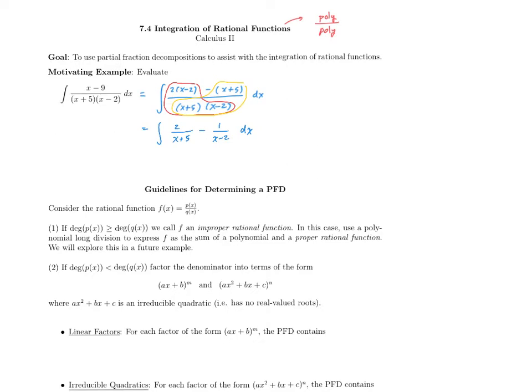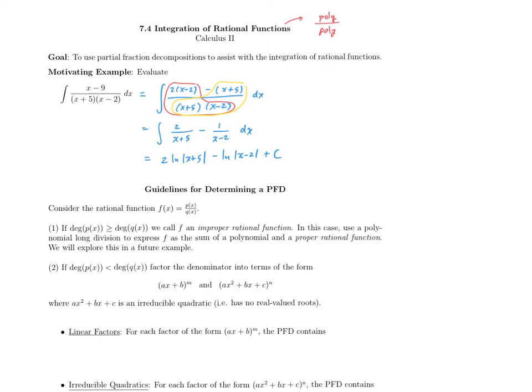Once we have it in this form, immediately we have an antiderivative. This would be 2 ln|x + 5| minus ln|x - 2| plus C. From what we've done here, the algebraic approach is not clear, but we will have a very methodical way of going about this in a few minutes.